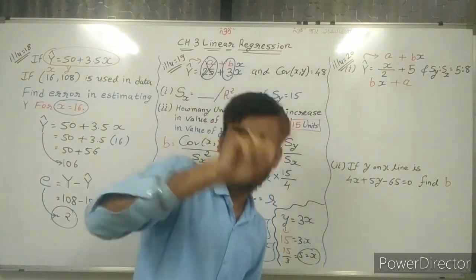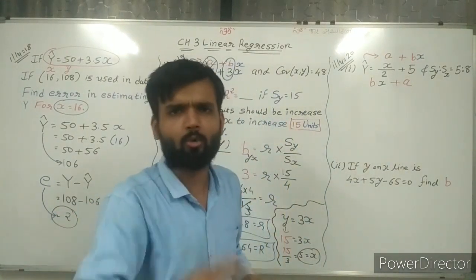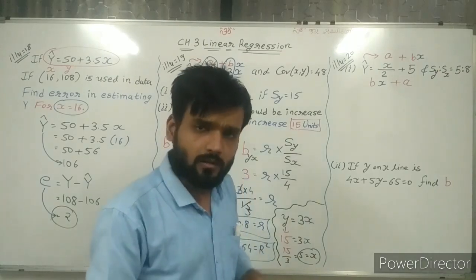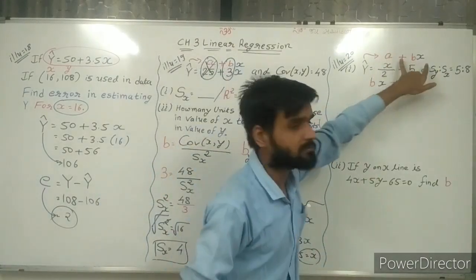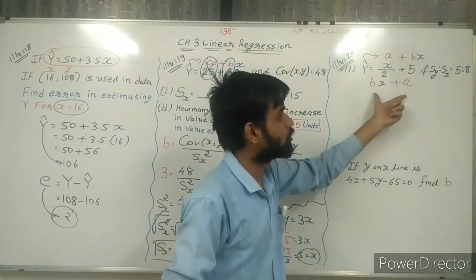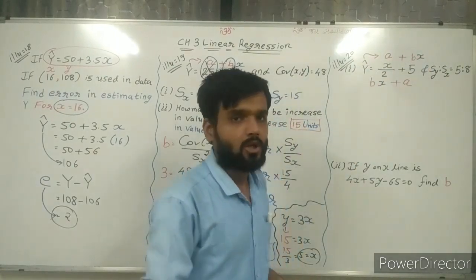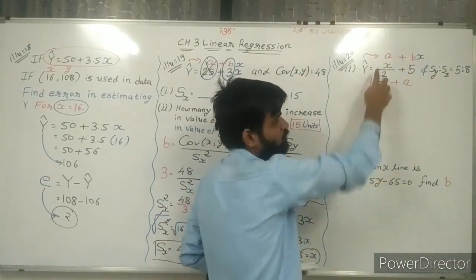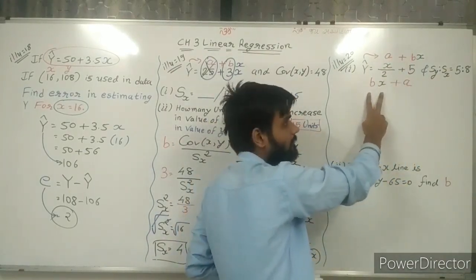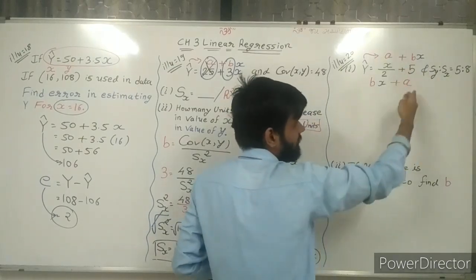If you are making total of 3 plus 5 or 5 plus 3, both are equal. Same way, a plus bx or bx plus a, both are same. So why have I changed it this way? Because x is given first, so bx is written first and a is last.